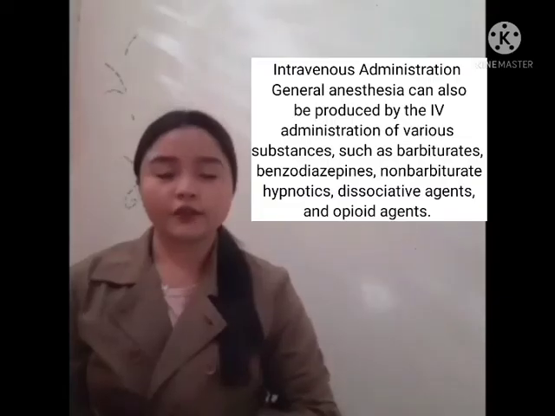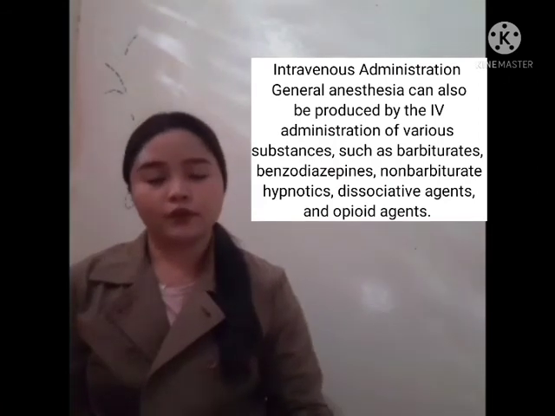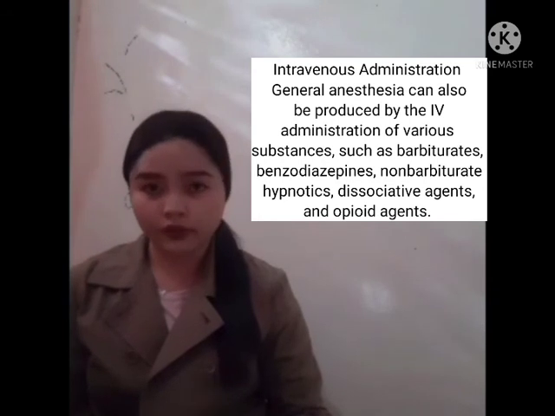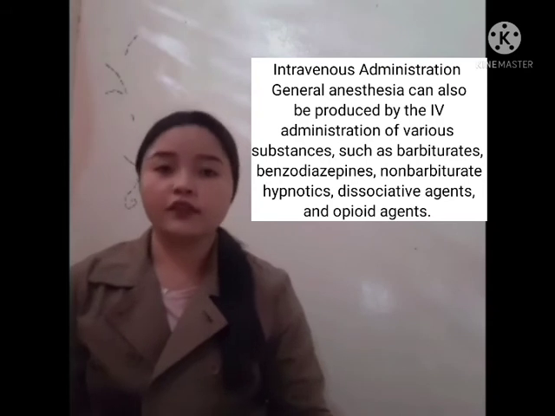Hi guys, so next is the intravenous administration. When we say intravenous, it means within a vein. Most often it refers to giving medicine or fluids by a needle or tube that is inserted into the vein.